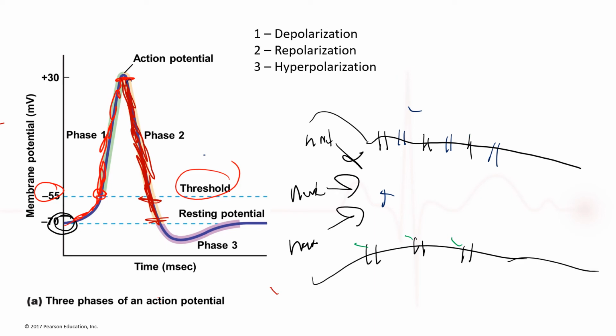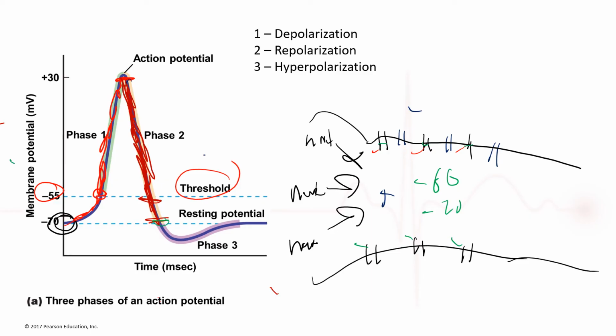It means their inactivation gates pop open and their activation gates will shut, somewhere between negative 60 and negative 70. Great. So if somehow we could get back to threshold, another action potential will happen. But that's not what we're discussing right now. The voltage-gated sodium channels reset.